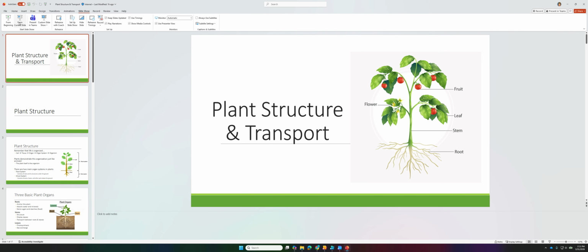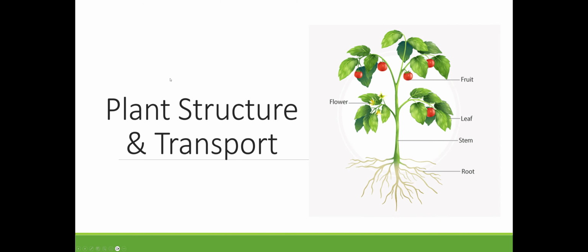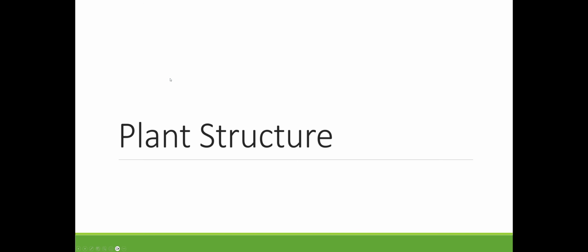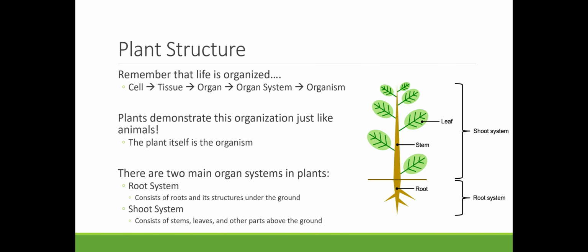And something that you may not realize is, if I asked you to name some organs, you're going to mention things like maybe a liver or a brain or a stomach. But normally when you think about organs, you don't necessarily think of plants.